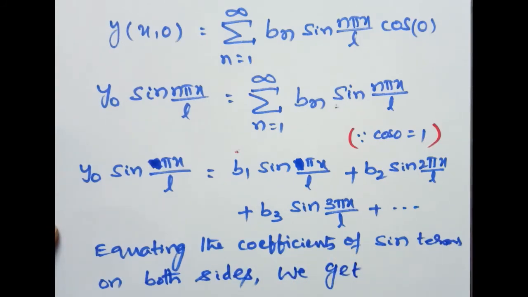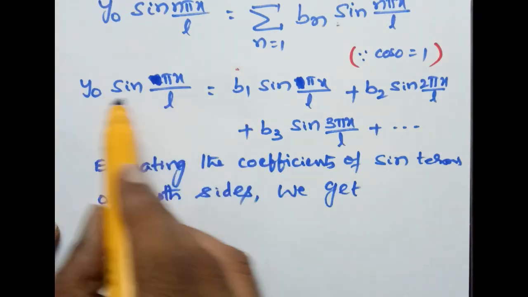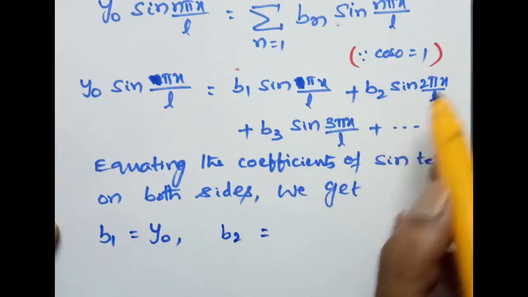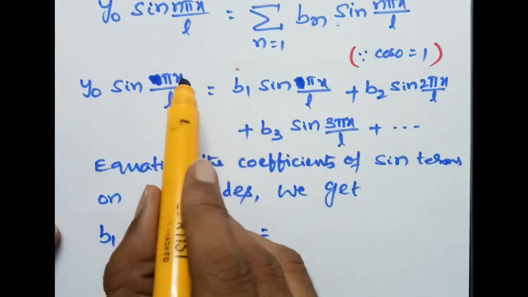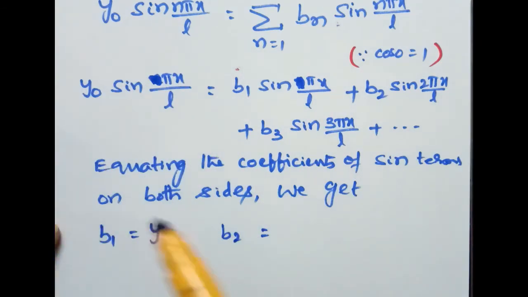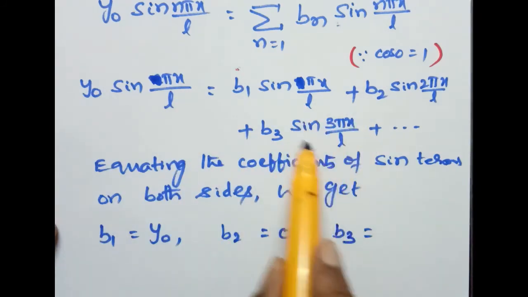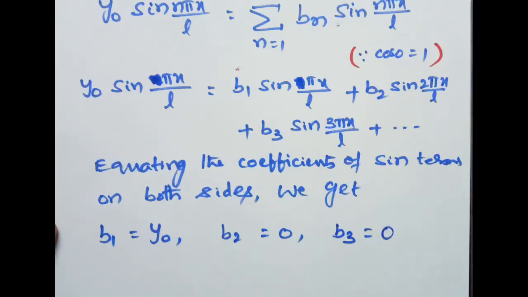We get here b1 is equal to y naught, and b2 is the coefficient of sine 2 pi x by L in the right hand side, but in the left hand side there is no term involving sine 2 pi x by L, so 0. b3 is the coefficient of sine 3 pi x by L in the right hand side, but in the left hand side there is no term involving sine 3 pi x by L, therefore the coefficient is 0, and so on. bn is equal to 0 and so on, all the terms being 0.